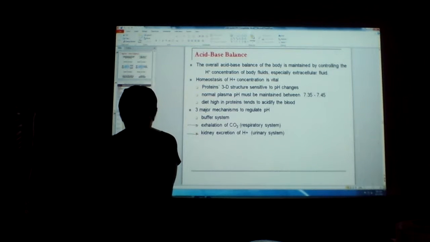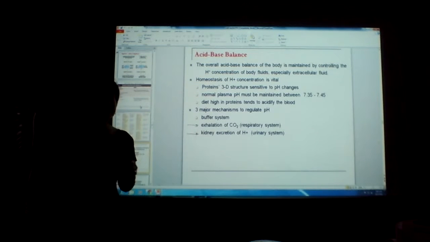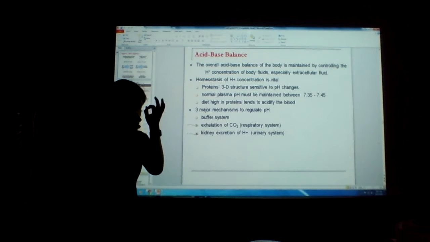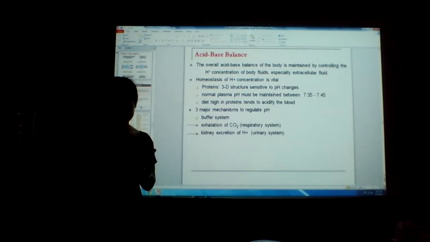You have to move it out of the legs all the way to the kidneys. Can you imagine if it remained that strong acid, lactic acid, let's say, all the way? Then it will cause damage to the neighboring cells as it gets delivered to your lungs or your kidneys. Do you understand? This is why we have the buffer.